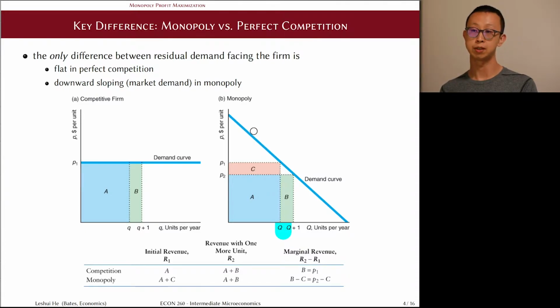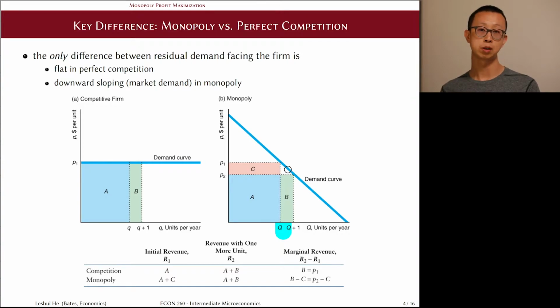Because the firm faces a downward sloping demand curve, and the firm's own output is the entirety of the market output, the marginal revenue is no longer equal to the price. And it is entirely because of the downward sloping demand facing the firm. As the firm produces more or less, the price changes with it, creating an additional concern for the firm.